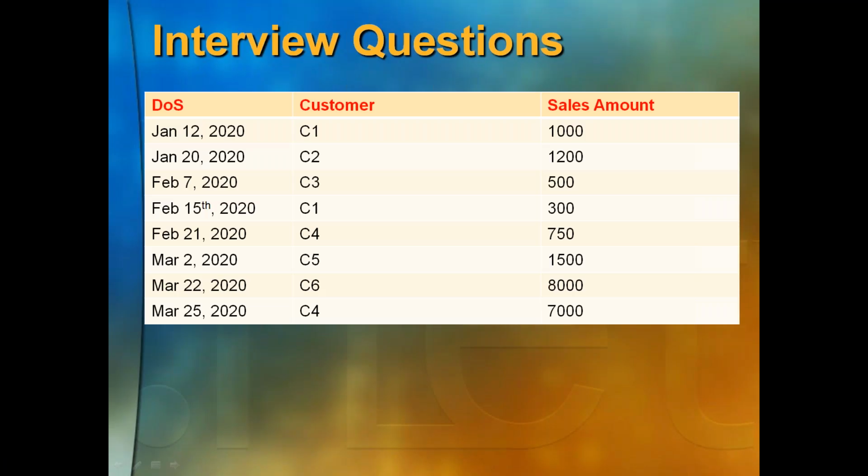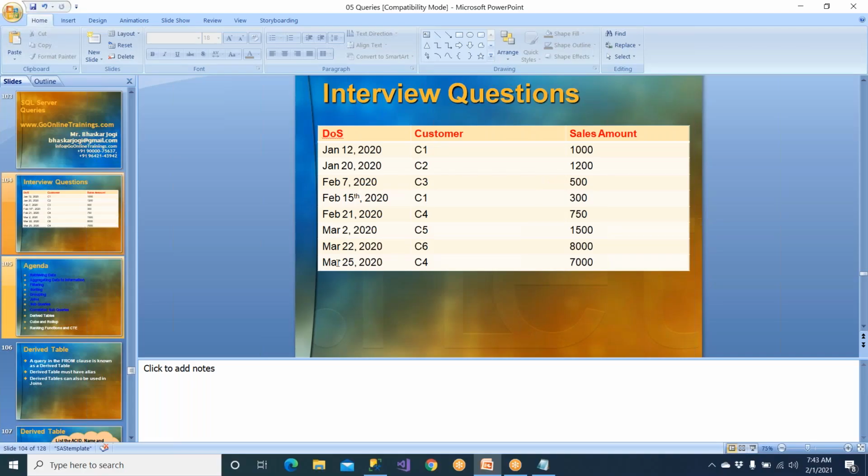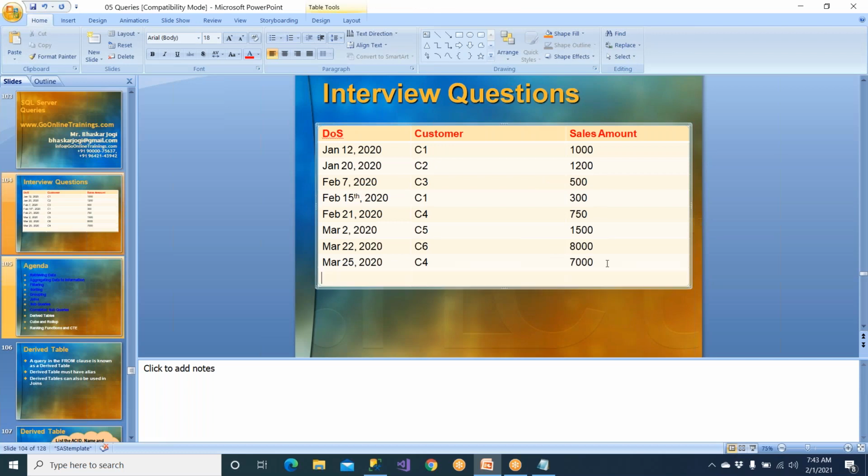In March, what is happening? In March, C5 and C6, and you may get C4 as well, or you may get C1 as well. So who are the new customers? C5 and C6. Let me include one more value also. On March 26th, let us say C1 or C2 purchased some 1200 products.